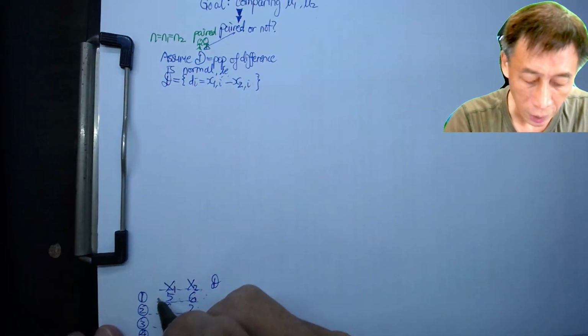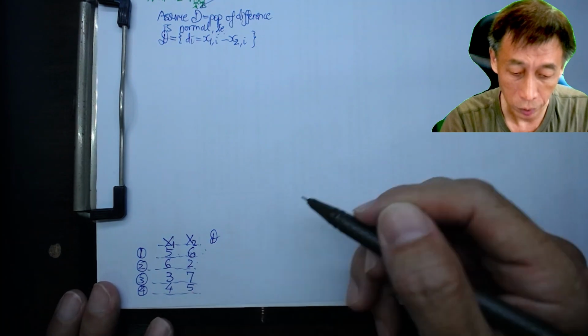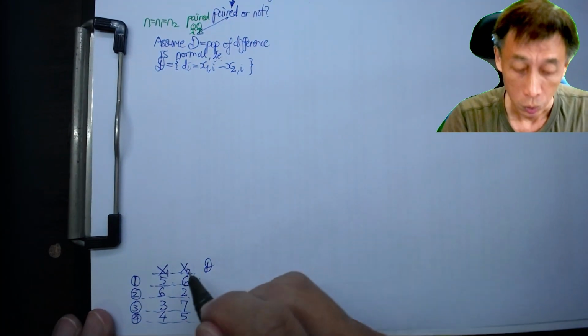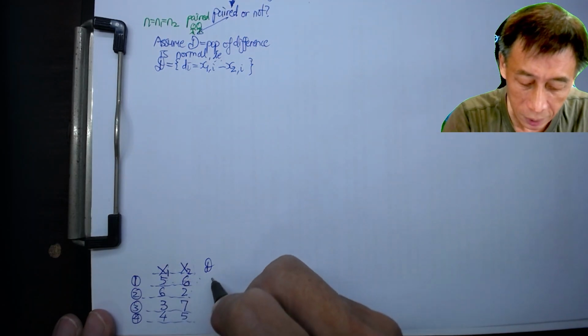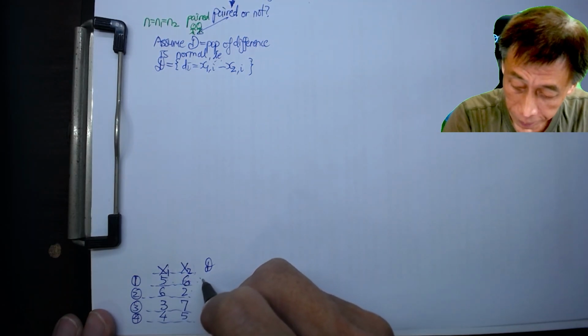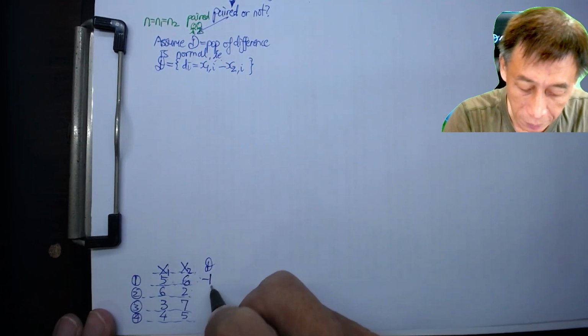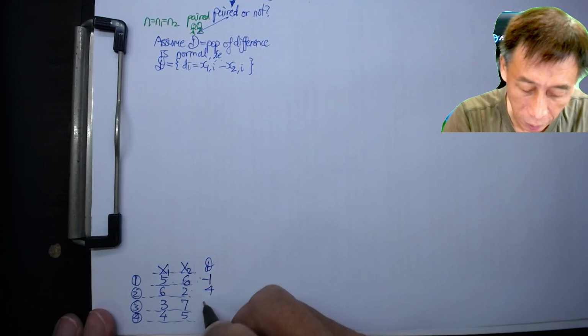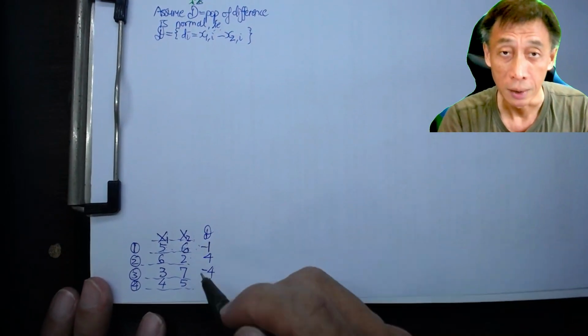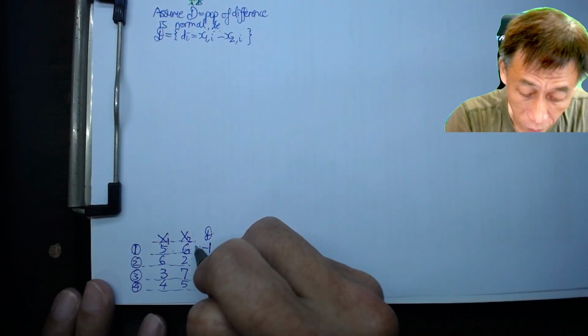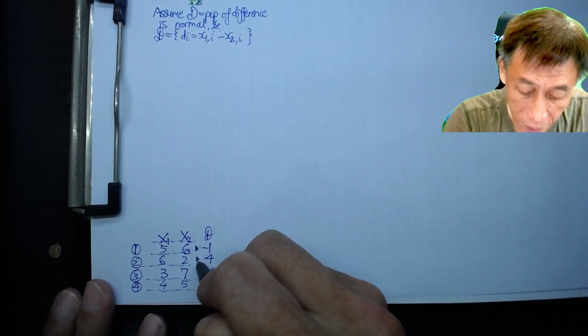Right, so for all the items 1, 2, 3, 4, you subtract row wise. 5 minus 6, you get minus 1. 6 minus 2, you get 4. 3 minus 7, you get minus 4. 4 minus 5, you get minus 1. That's the kind of element by element subtraction.